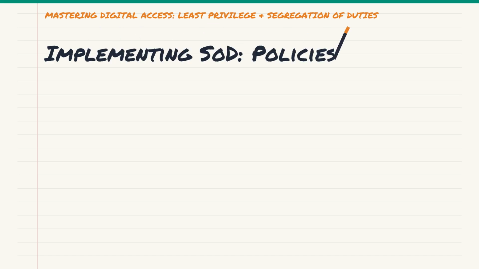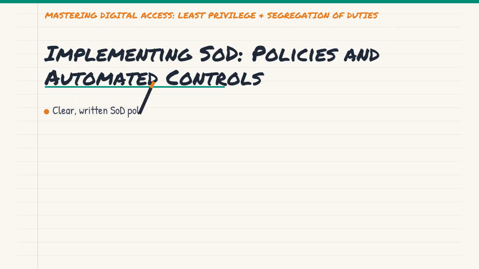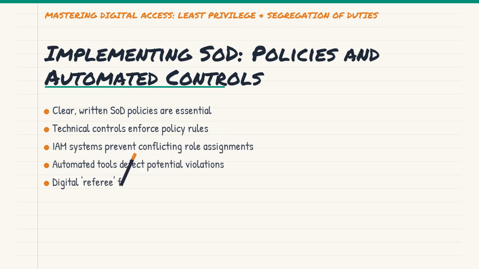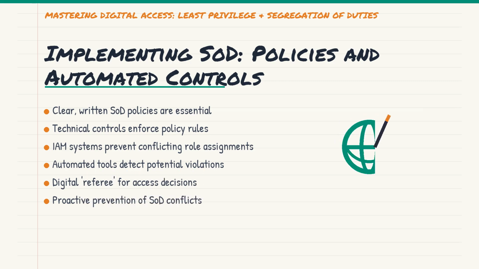To really make SOD work, you need two things: clear policies and strong technical controls. First, formal policies define exactly which duties are considered conflicting and must be separated. Everyone needs to understand these rules. Second, your IAM system needs to be configured to enforce these policies.